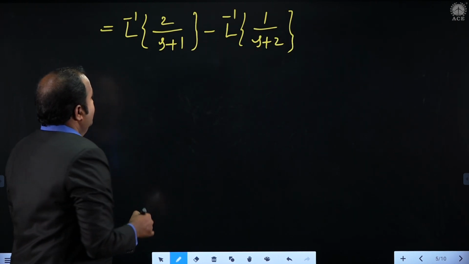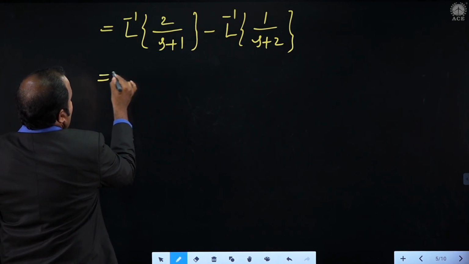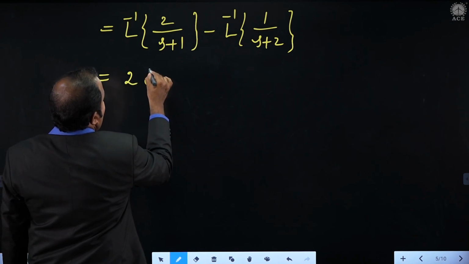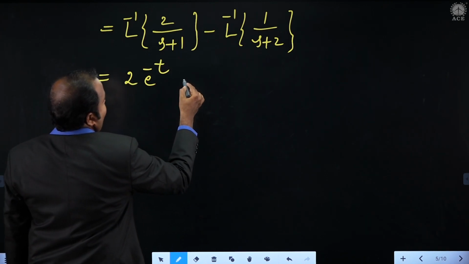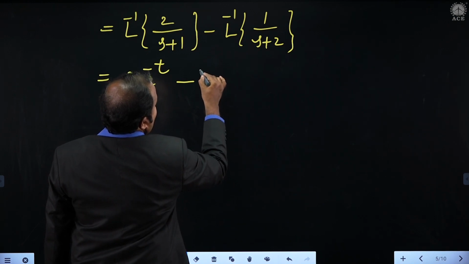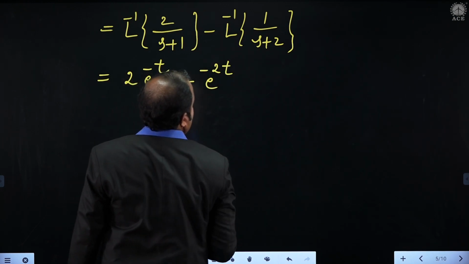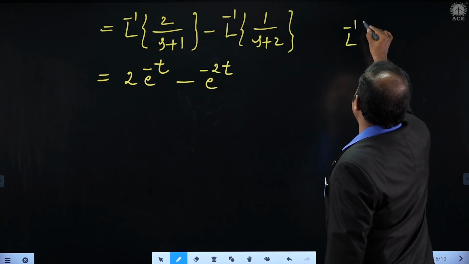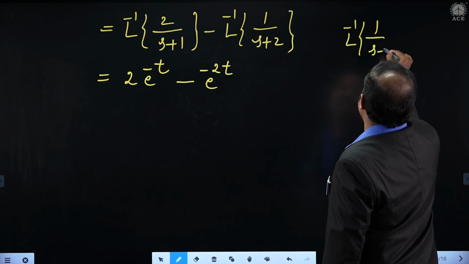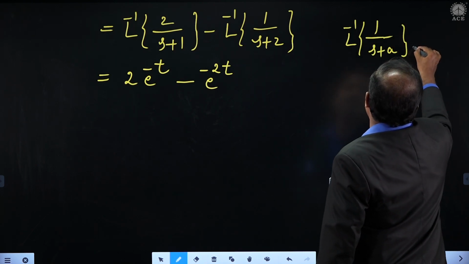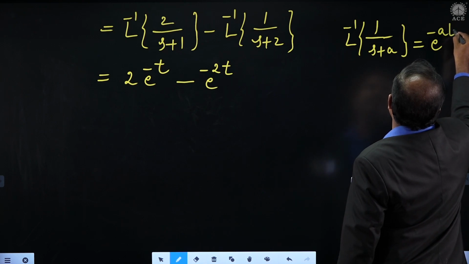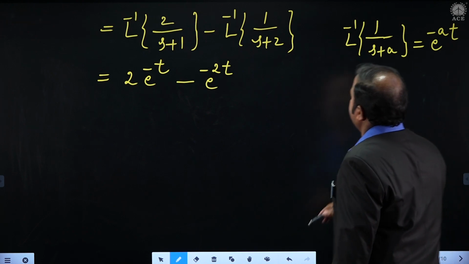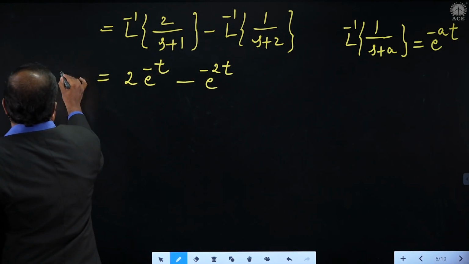Right. So by inverse Laplace transform, this is equal to 2 times e raised to minus t minus e raised to minus 2t, because the standard formula is: the inverse Laplace transform of 1 by s plus a equals e raised to minus a times t only. This is the formula, right? So this is our f of t.